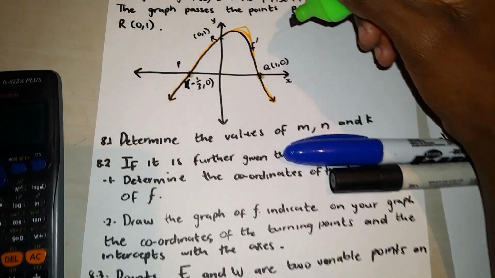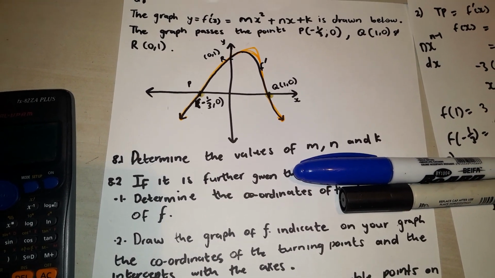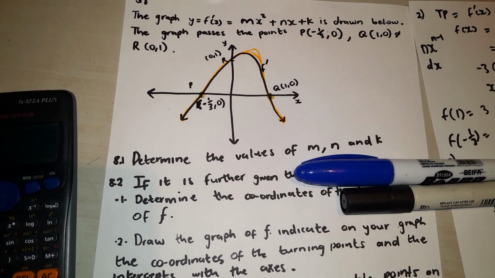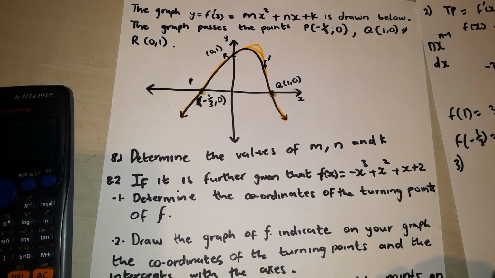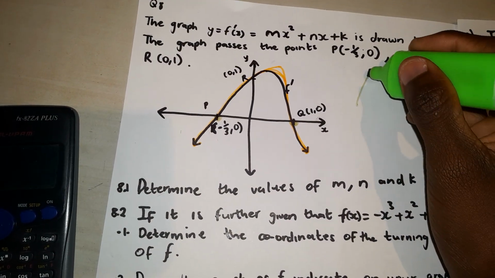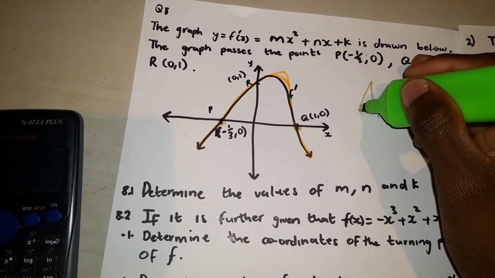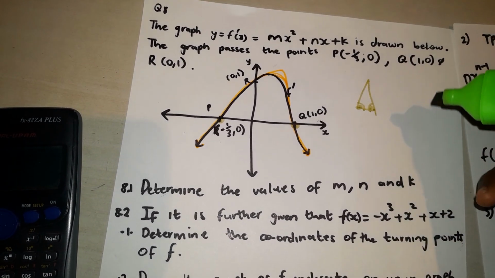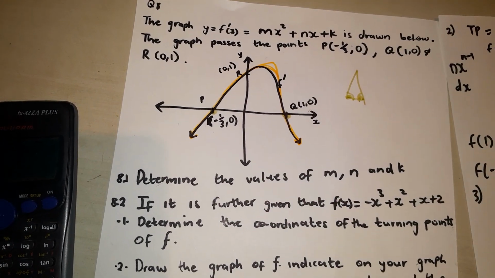In grade 10, when you were taught for the first time about the base angles of an isosceles triangle, these two angles here, we call them variable points because they are on the same horizontal line.